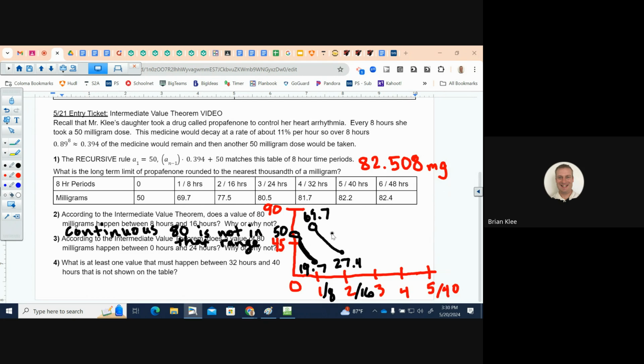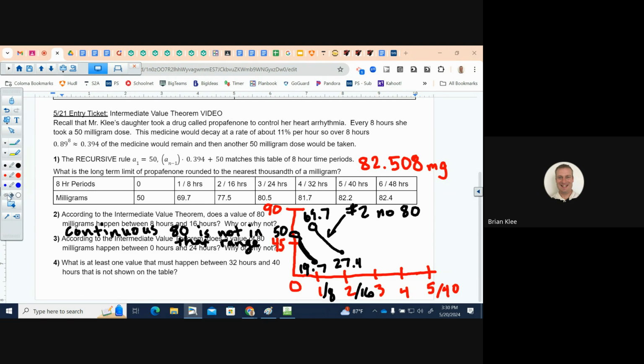Okay. There's no 80 in there. And it's continuous. Okay. So that's number 2's answer.